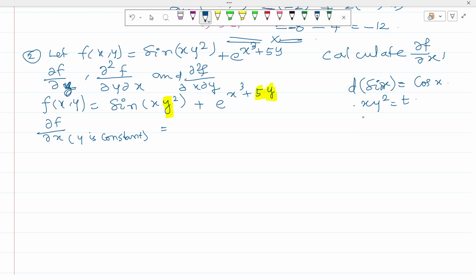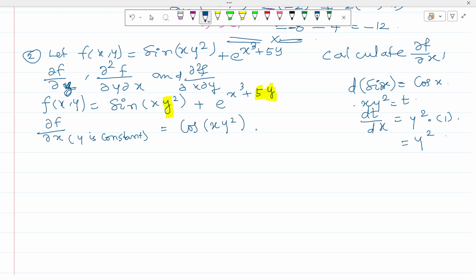Then differentiation of xy square with respect to x is dt by dx, y is constant, so keep y square, differentiation of x is 1, so y square here. That means dou f by dou x is: differentiation of sin is cos, whatever the function is there you have to write.